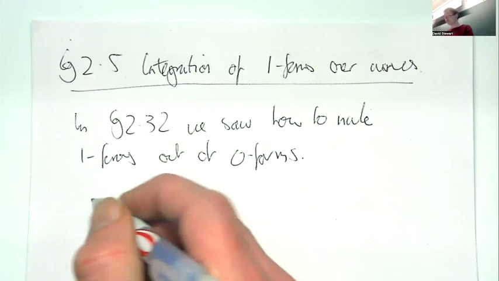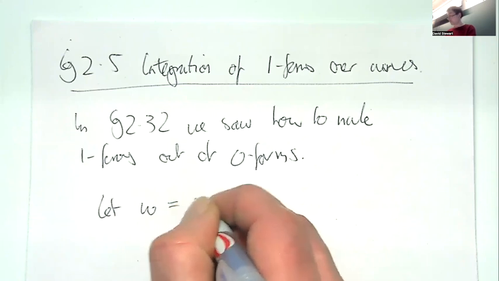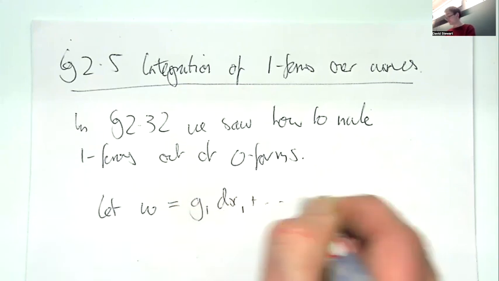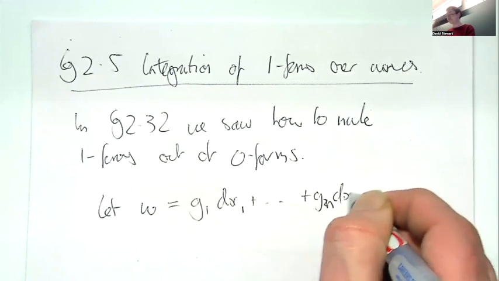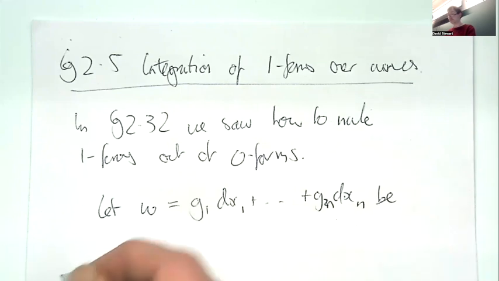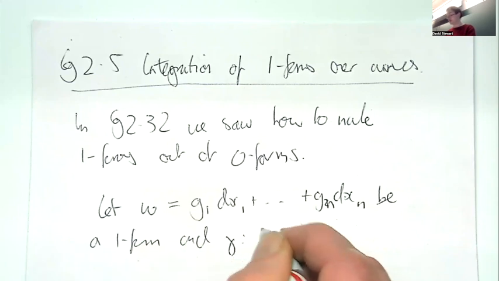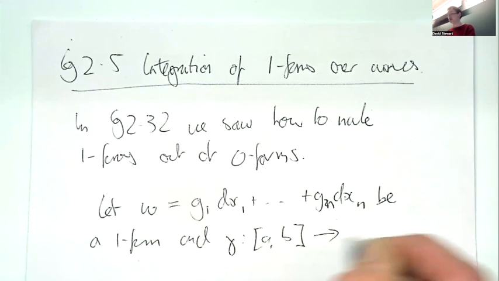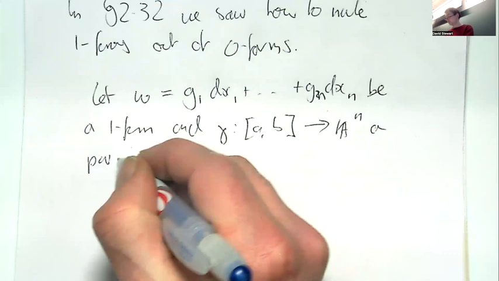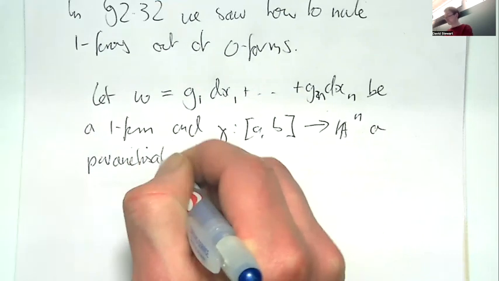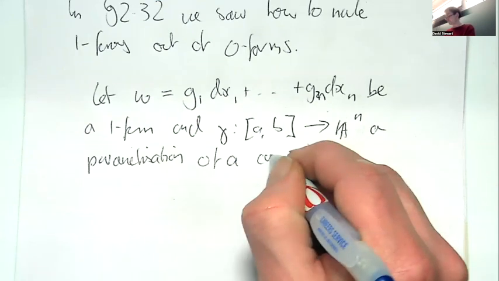But let's just let omega be equal to g1 dx1 plus g2 dx2 up to gm dxm be a one form, and gamma sending [a, b] into R^m a parameterization of curve C.